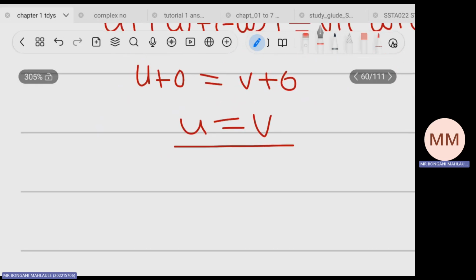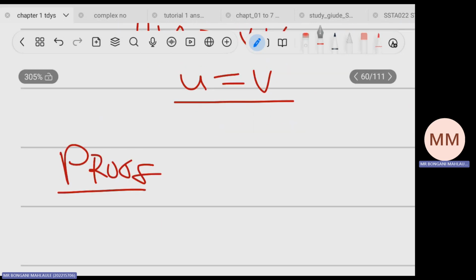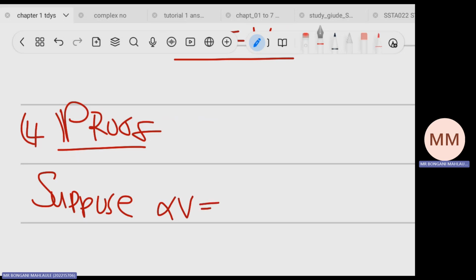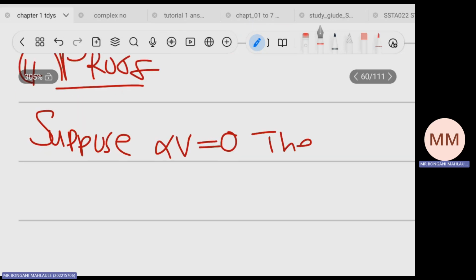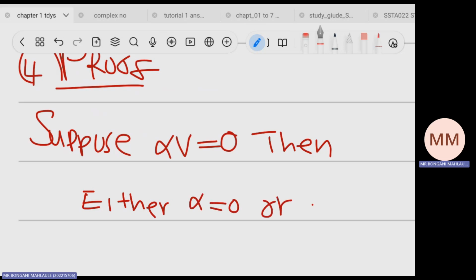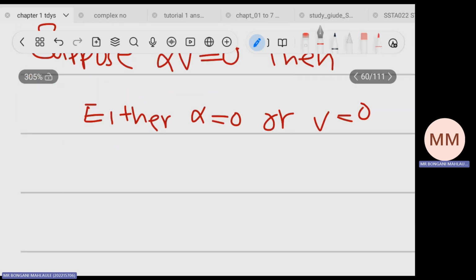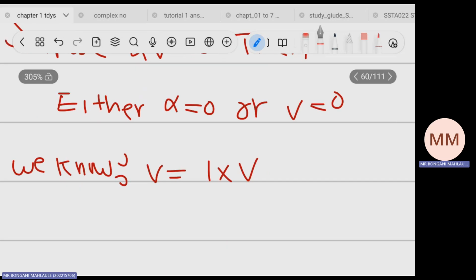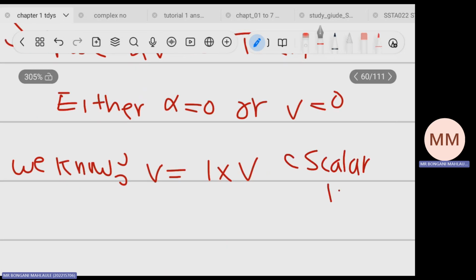Then there is also another proof. You're going to suppose alpha v is equal to 0. Then you must show that either alpha is 0 or v is 0. So we know that v will be equal to 1 times v in general by the scalar identity property.